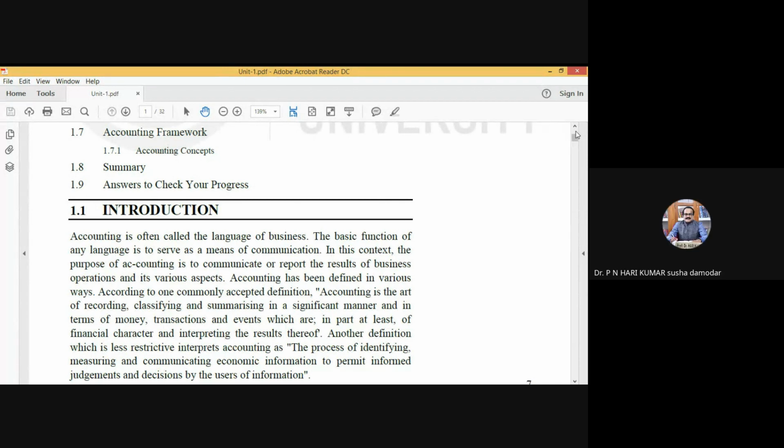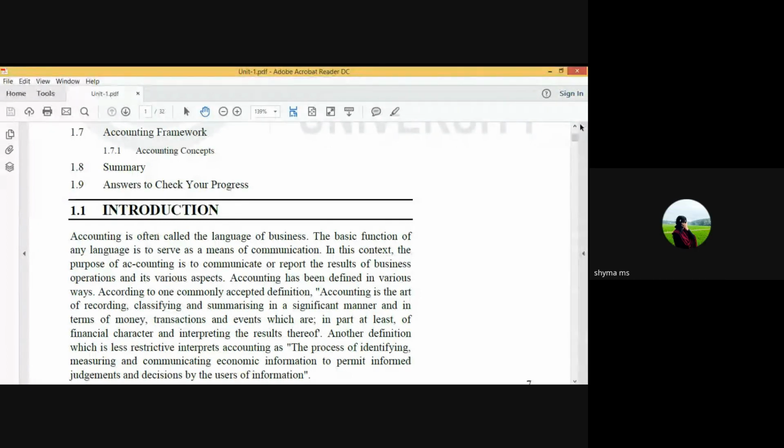So whenever transactions take place, they are to be recorded, then classified and summarized, and such transactions involve money elements. Finally, there will be a result of such transactions, and all these are to be communicated with a language. And that language is called accounting.